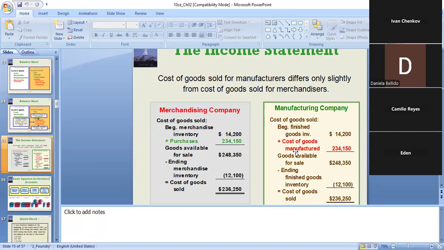Then we add to that the cost of goods manufactured. The products that we manufactured, we add their cost to our finished goods because they're available for sale. And that's how we get the finished goods available for sale. We're going to sell during the period whatever we sell, and at the end of the period, we deduct the ending balance. Once we deduct the ending balance, we get the cost of goods sold.